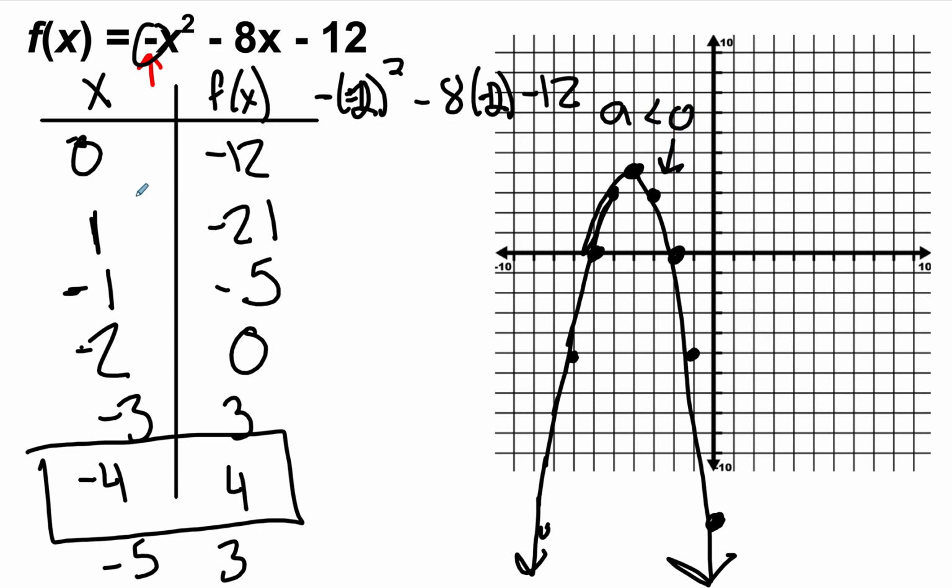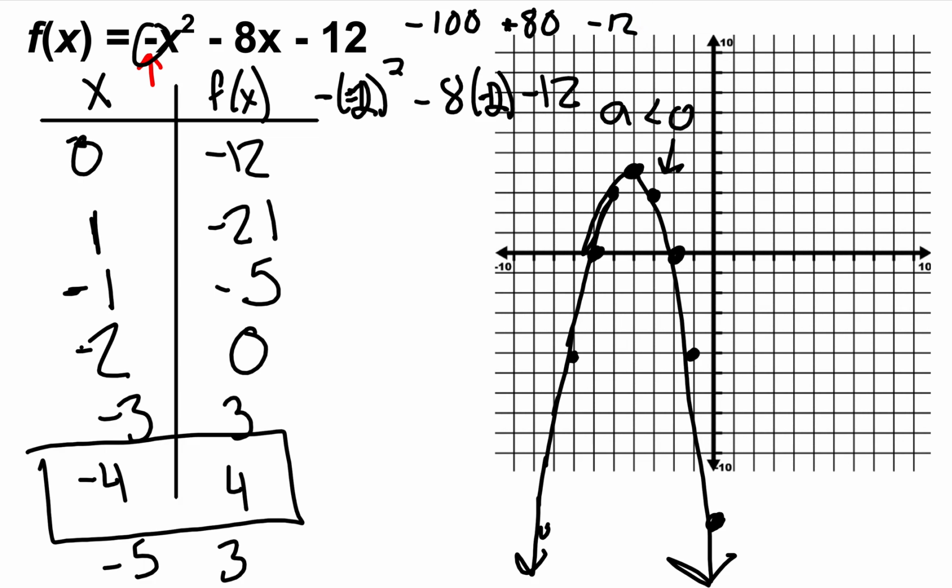The reason is because x squared is where most of the value of the function comes from. So watch, if I plug in 10, what do I get? I get 10 squared, and then the opposite, which is negative 100, minus 80, but it becomes actually a plus 80, minus 12.